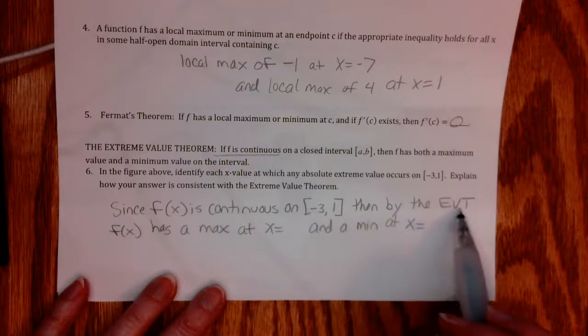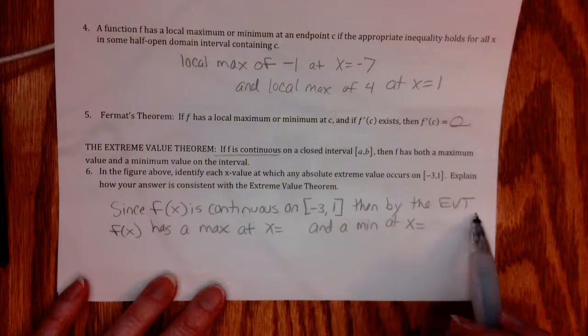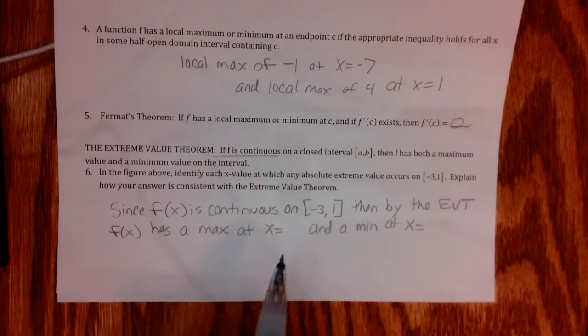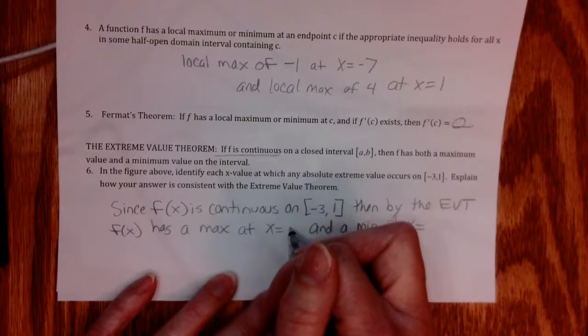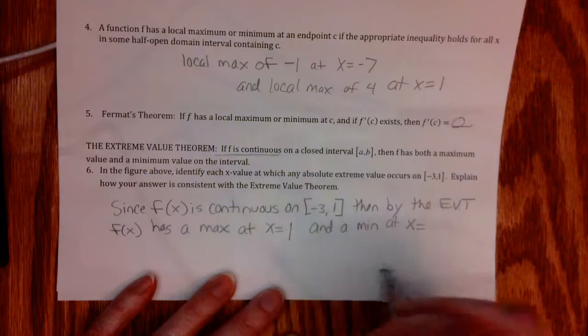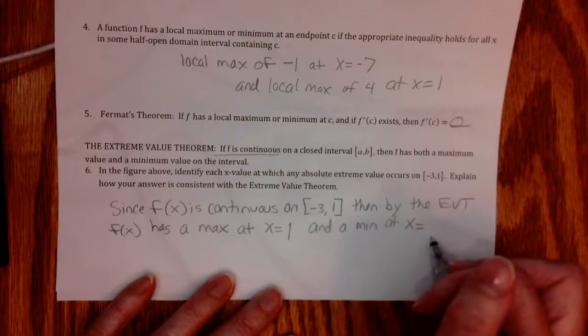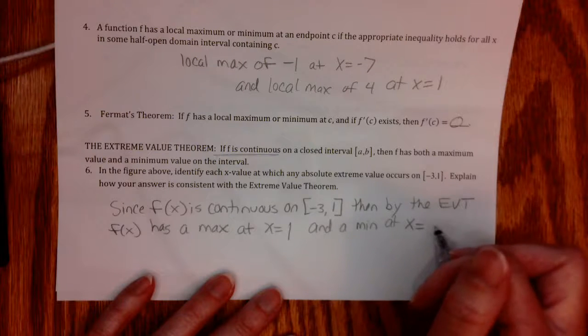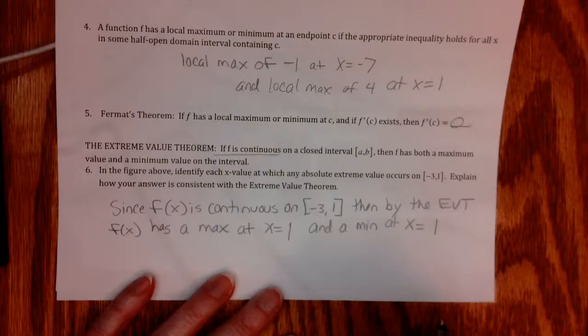Then, by the extreme value theorem, otherwise known as EVT, f of x has to have a max and has to have a min. So in our case, the max was at x equaling 1, because it specifically wants the x values, and then the min was on -3 to 1. The minimum would be at x equals 1.